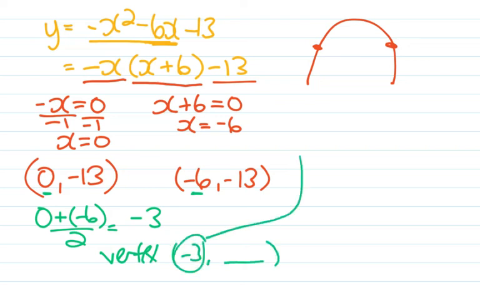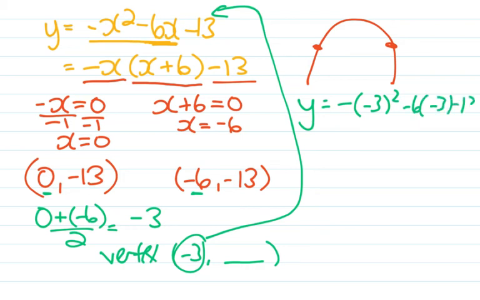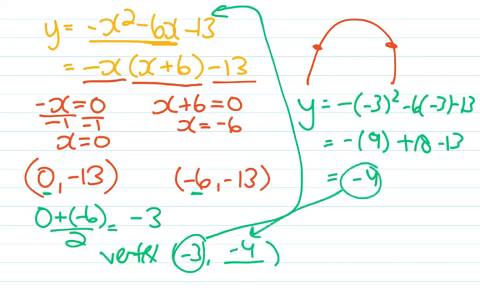Take that negative 3, plug it back into the original equation for x. y equals negative 3 squared minus 6 times negative 3 minus 13. Negative 3 squared is 9, plus 18 minus 13. Negative 9 plus 18 is positive 9, minus 13 is negative 4. So the vertex is negative 3, negative 4.